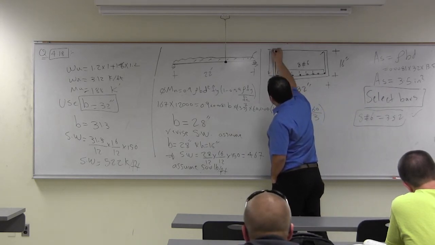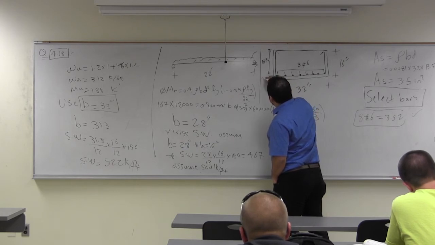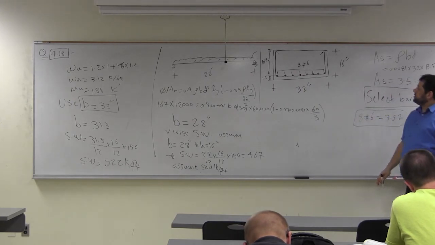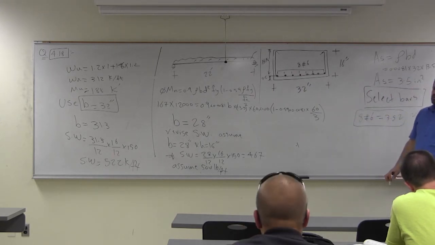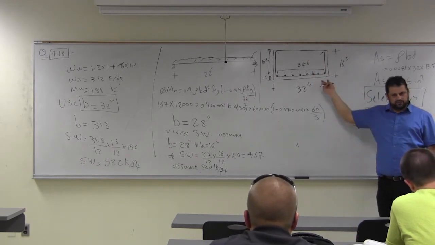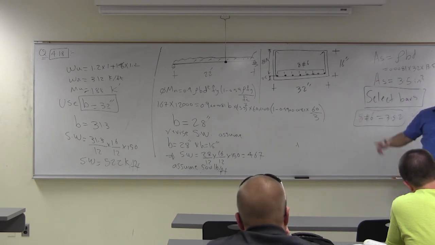This distance must be equal 16.5, sorry, 13.5. And the cover down, 2.5. You can say everything is in inch. Okay? That's how the section will look like. Whatever we have at the top here, that's for constructability for this section. We don't need it, because we have positive moment in the supported beam.